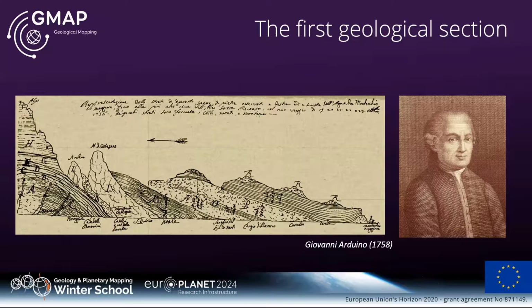One of the first geological sections ever done is this one from Giovanni Arduino in the 18th century. It was done before any modern geological map, since William Smith made the geological map afterwards.